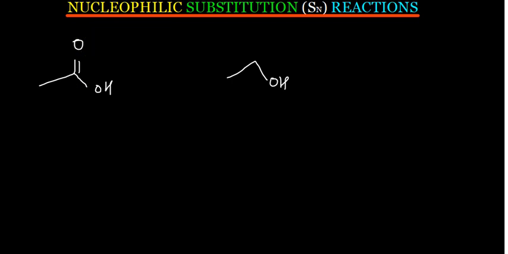So the electronegative oxygen is going to further help to stabilize the charges that we are seeing on these atoms. We know we are seeing negative charges on these atoms.